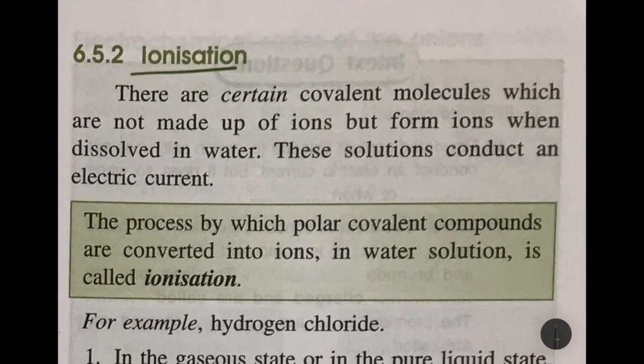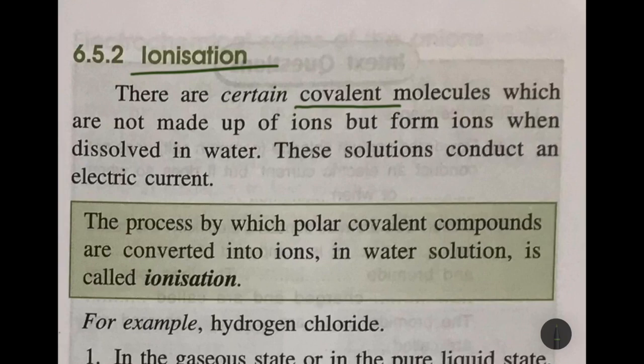Now ionization. Just now we talked about electrovalent compounds. Now there are certain covalent molecules, if you remember, polar covalent compounds. They are not made up of ions. They are formed by sharing of electrons, not by transfer of electrons, so ions are not formed.